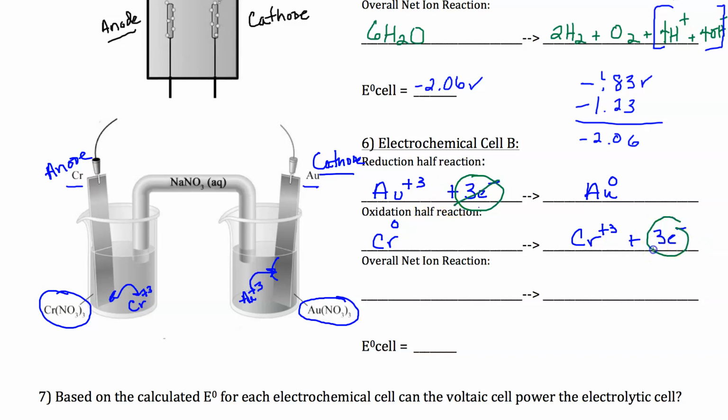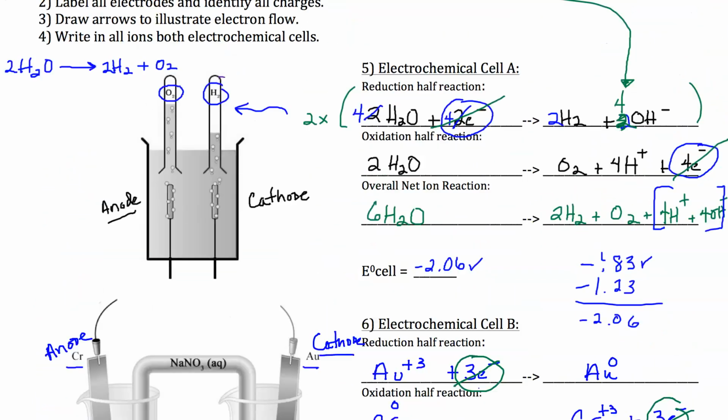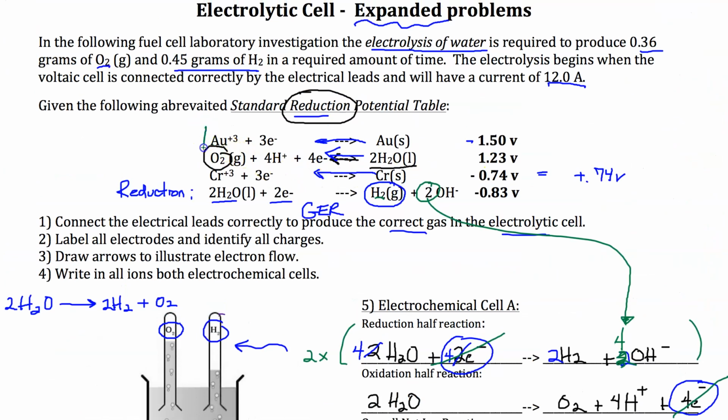You can cancel your hearts away, and the overall reaction is Au plus 3 plus chromium 0 gives me Au0 plus chromium plus 3. For the overall net potential, we're going to have to look at my volts. We're going to write down the one that is reducing, and that is the Au plus 3, because our standard reduction table is always written as reduction. So as written, I have my, and I know I have things written over it, so let's get rid of that.